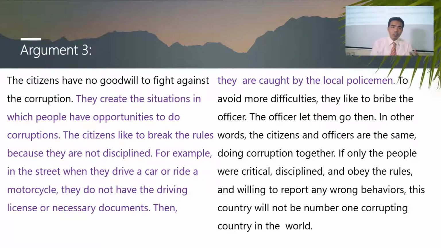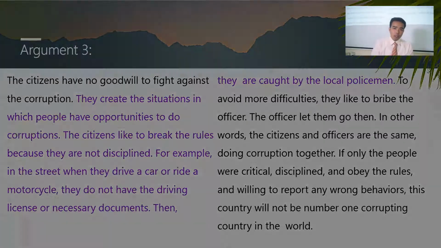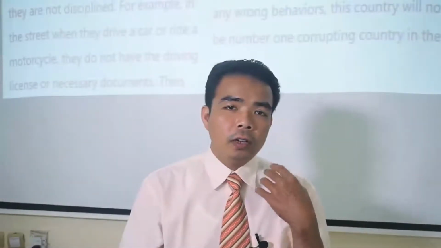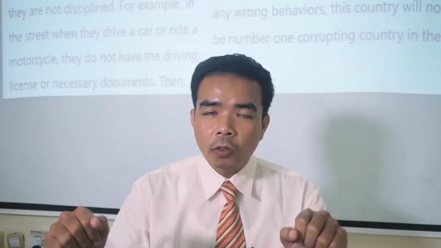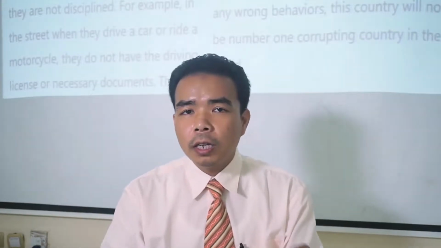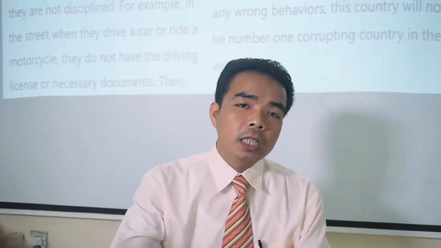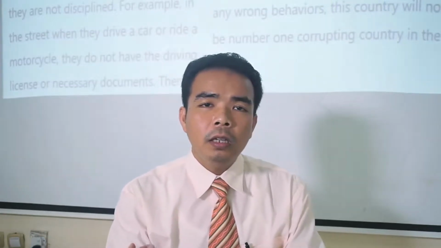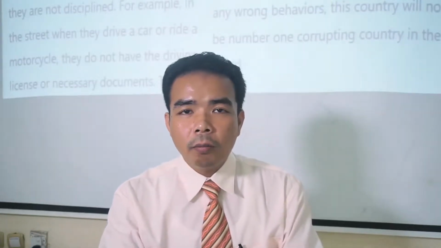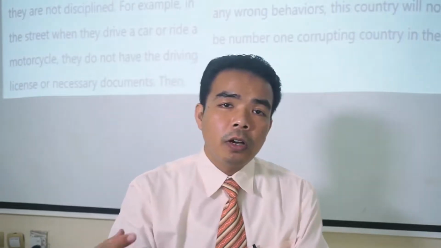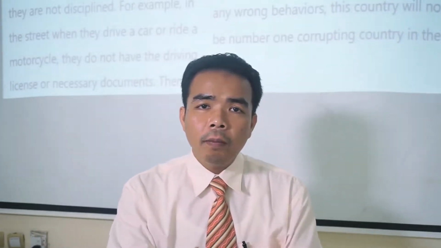Of course, some of you have already had this experience. Me, myself, I also have, when I was driving my car or riding my motorcycle. Finally, the police caught me because I didn't have my driving license, or probably I forgot to turn on the lamp, or probably I forgot to put on my helmet.